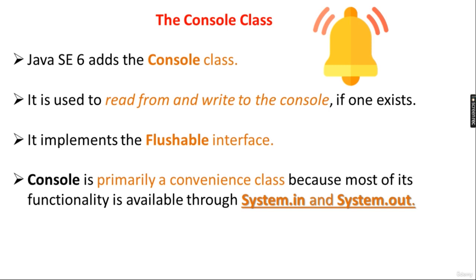We will read from the console and write to the console. Also, importantly, it implements the Flushable interface. It was not available before Java 6. So if you want to use the Console class, you have to use Java 6 and beyond on your laptop or desktop. Okay, next.